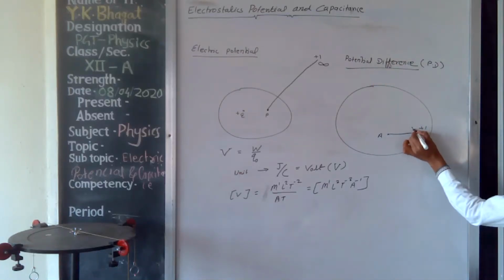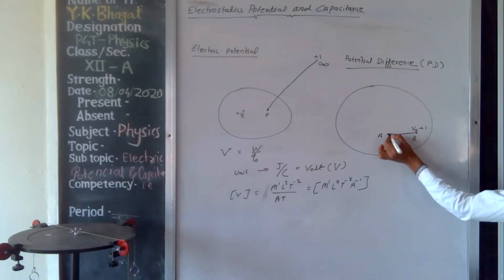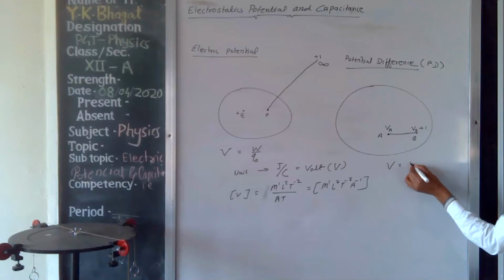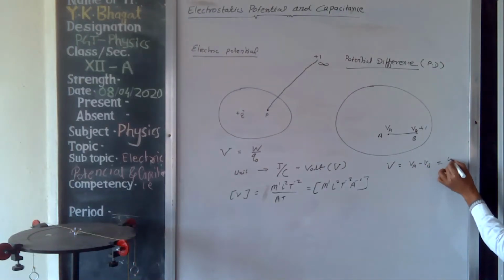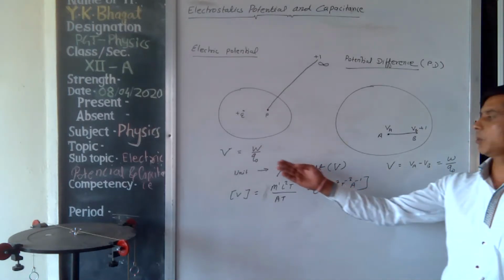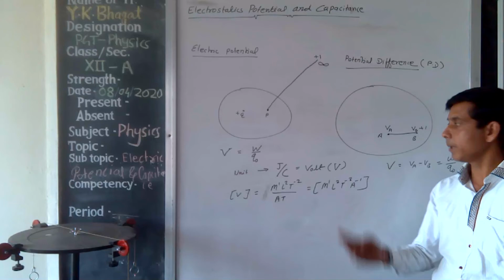Here the potential at B is VB and at point A the potential is VA. Then the potential difference equals VA minus VB. It will be equal to W by Q naught, having the same unit and the same dimension.